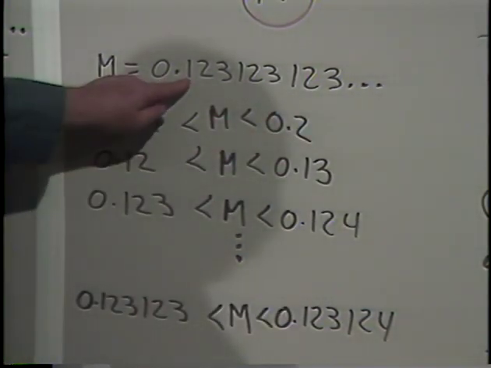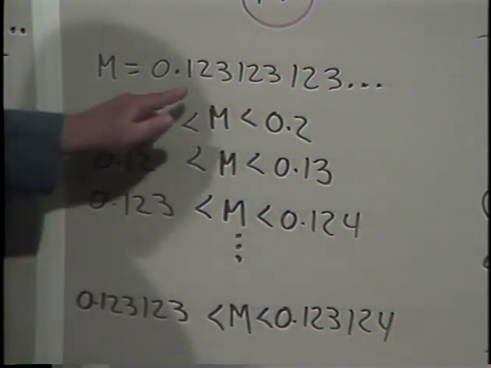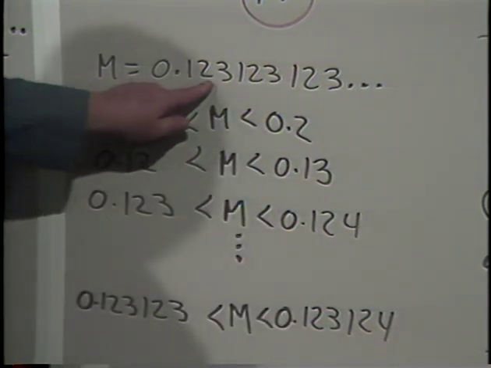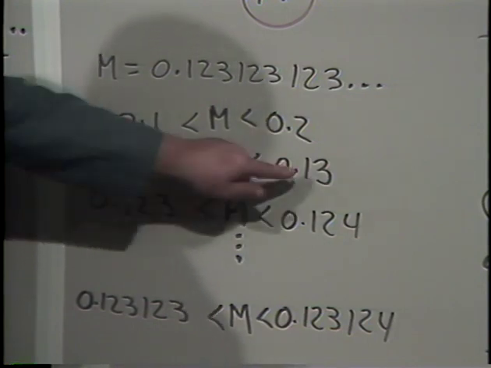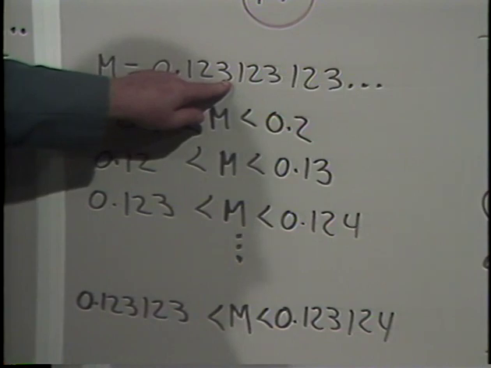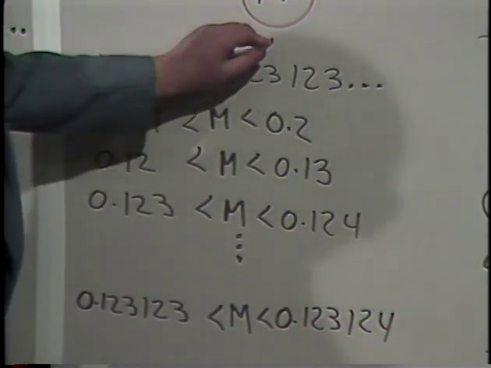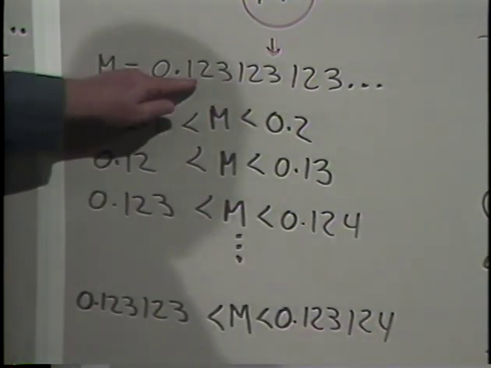In other words, just looking at this digit, you know you're between 1/10 and 2/10. Look at the first two digits. You see a 12, right? So that tells you you're between 12 hundredths and 13 hundredths. Look at the first three digits, 123. So you're between 123 thousandths and 124 thousandths. Do you see how you're pinning this thing down? For example, suppose you come over here. How would you read this number?